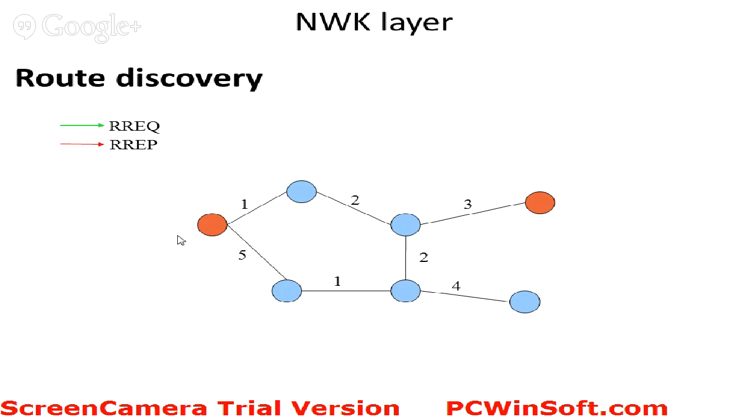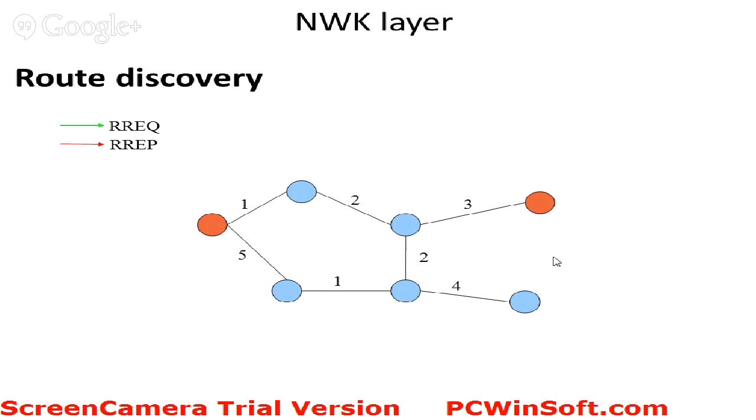Here, I have not shown the child routers, child end nodes of this router. But suppose any child node of this router wants to find a route to any child node of this router or coordinator. It can also be a coordinator as well.